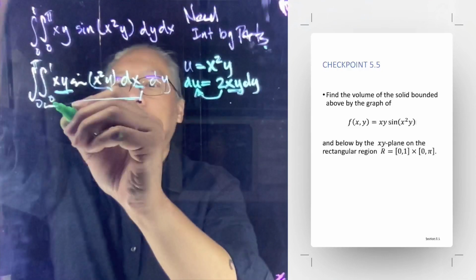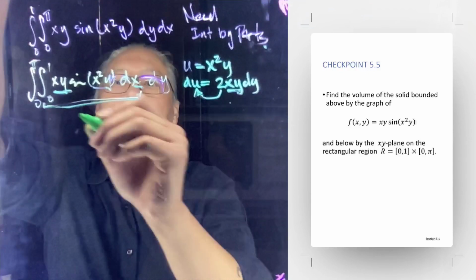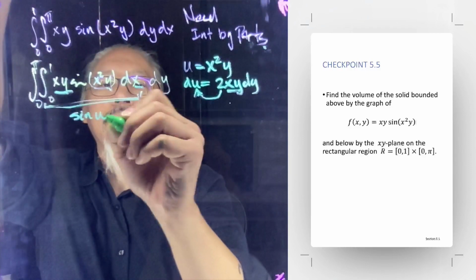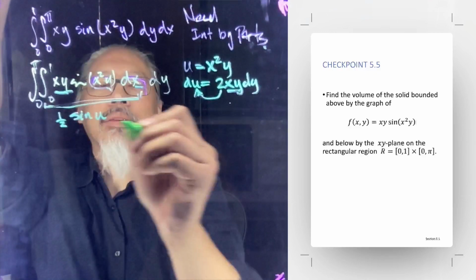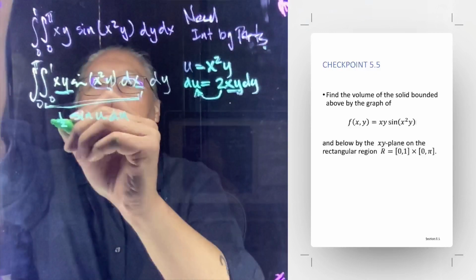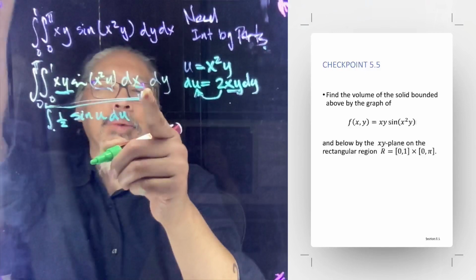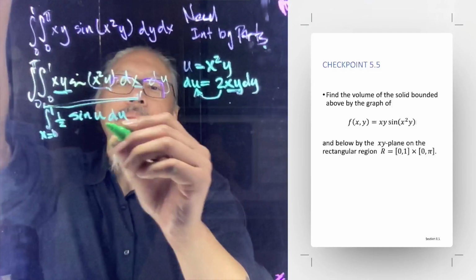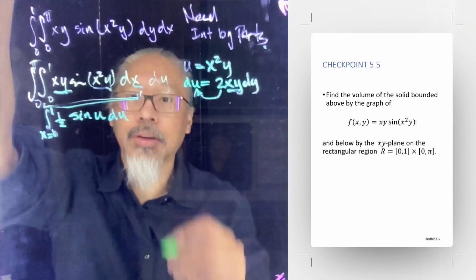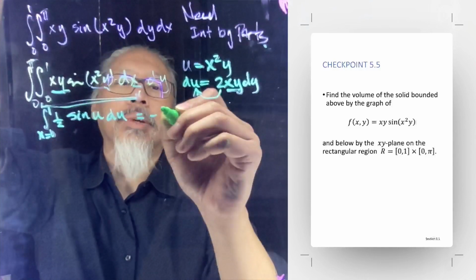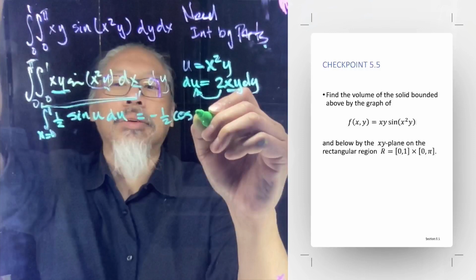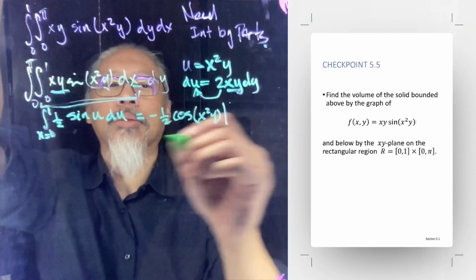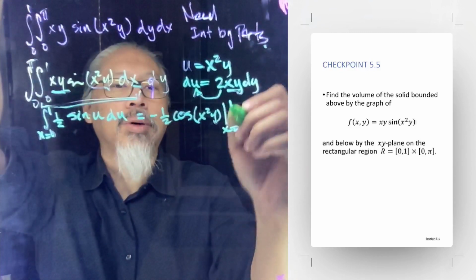Continuing to work on the inside integral, we're going to get sine of u, and there's a 1/2 sitting out there, du. The limits are still x limits, so I can label it as x goes from 0 to 1, and the antiderivative of sine is negative cosine, so this is going to be negative 1/2 cosine of u, and let's put the u back, which is x squared y, integrating from x going from 0 to 1.